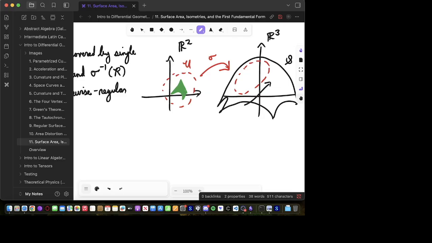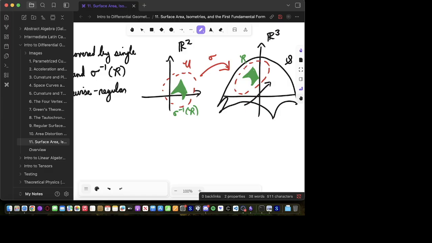This might be mapped to, maybe something like that. And that's R, and this is the sigma inverse of R.